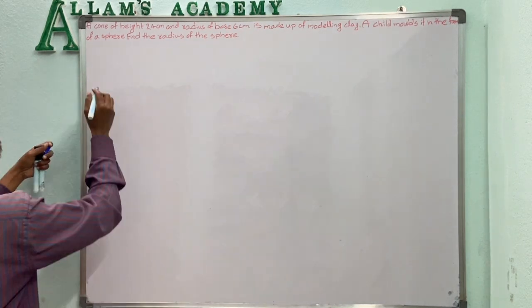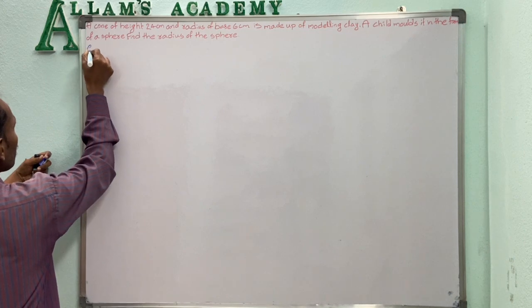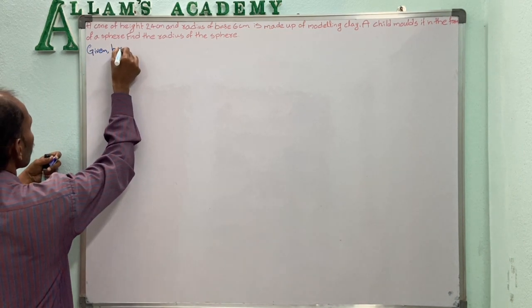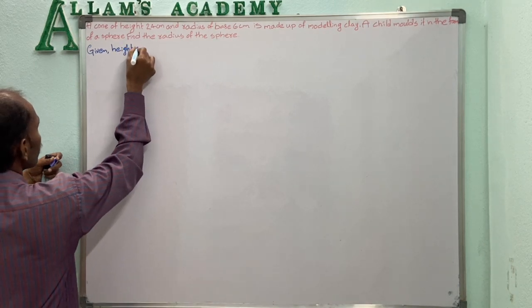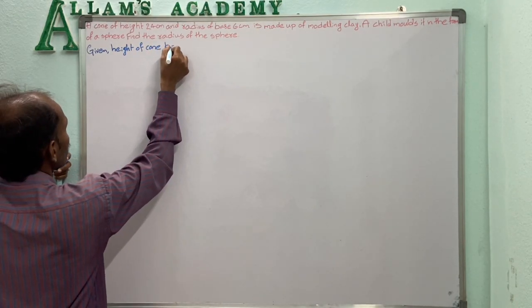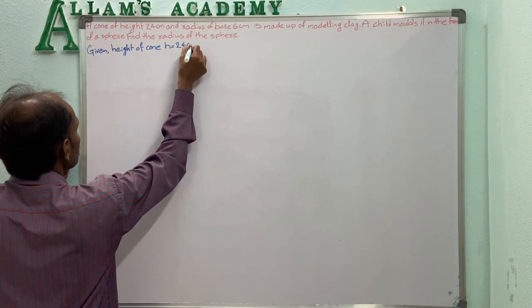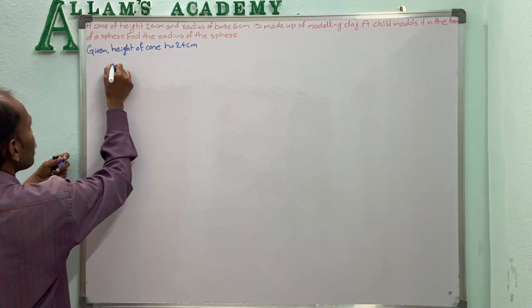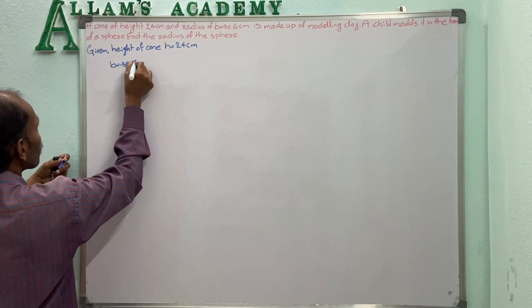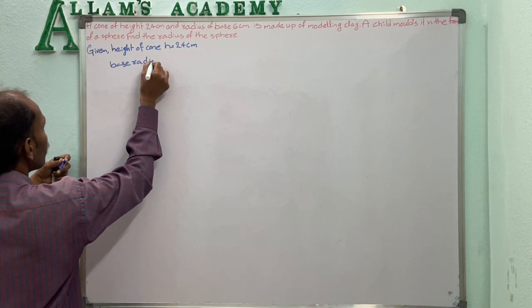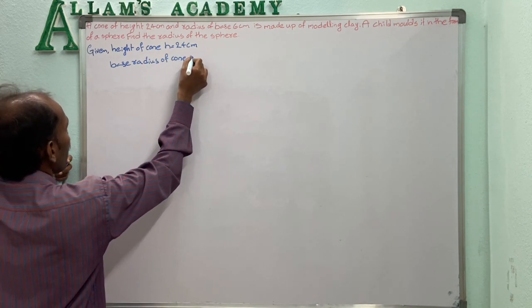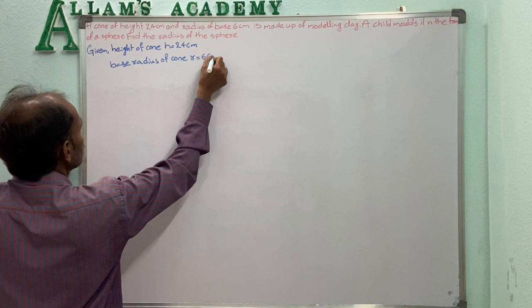So here the given data: height of the cone h equal to 24 centimeters. The base radius of the cone r is equal to 6 centimeters.